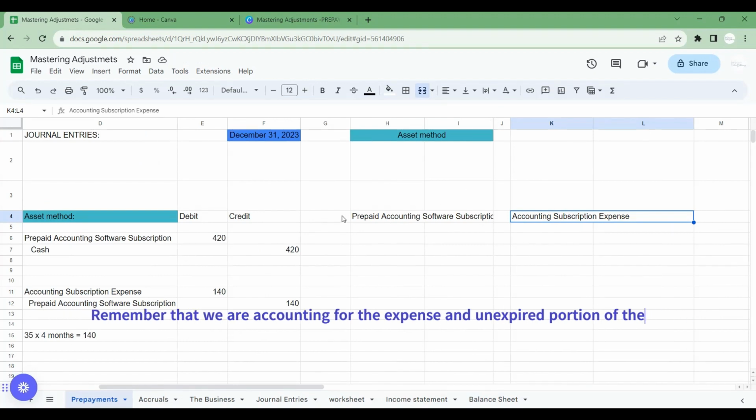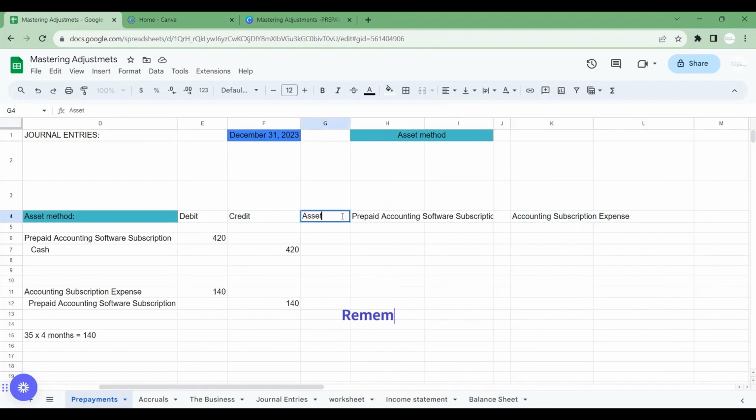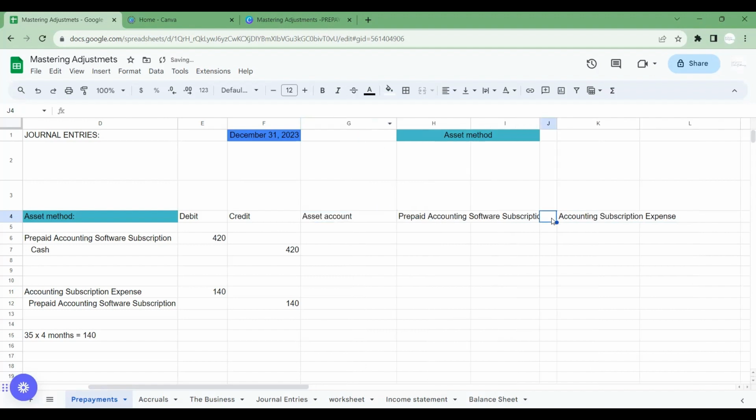Remember that this one is the asset account, and this one is the expense account.